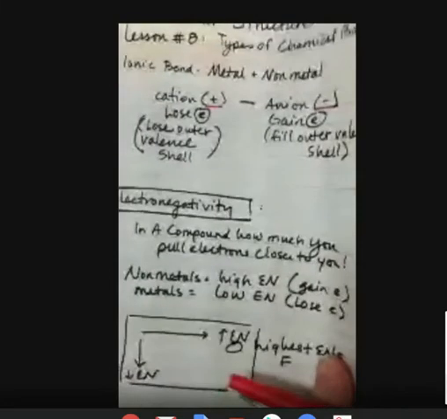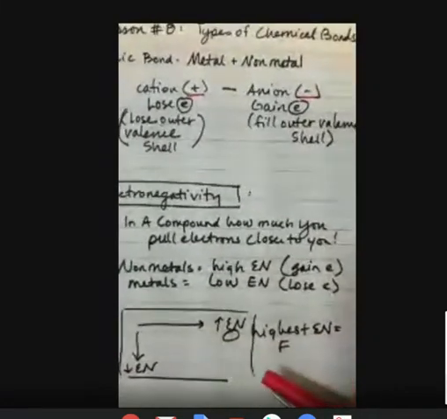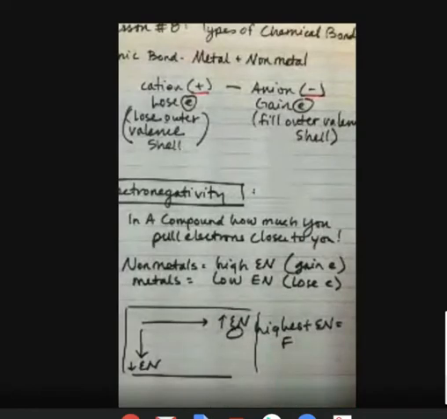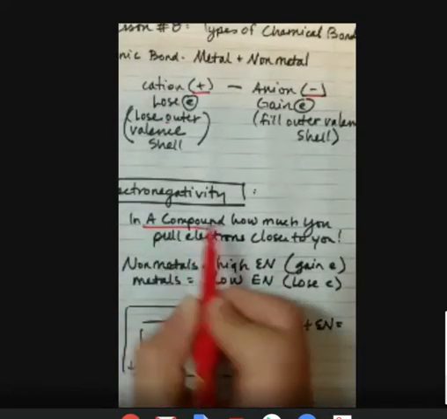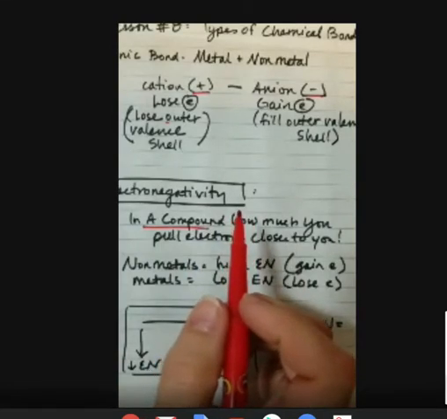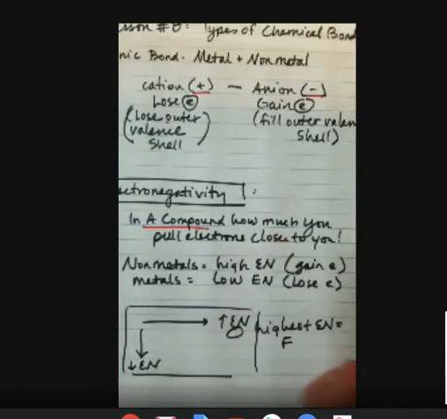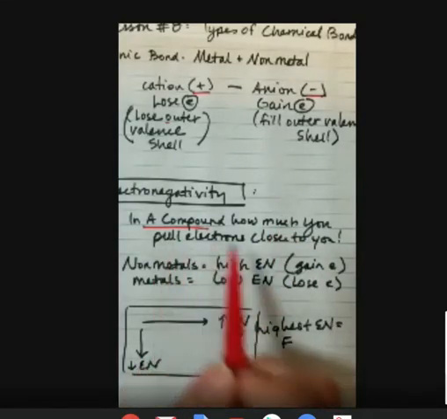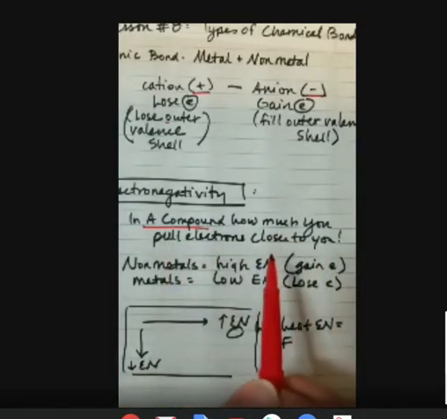So another thing that we need to talk about in this unit is something called electronegativity. And it's when something forms a compound. So that's the key here. You have to form a compound. Noble gases don't react, so we generally don't include them in electronegativity values. But when they're reacting, it's how strong you are, or how much you want to pull those electrons closer to you.